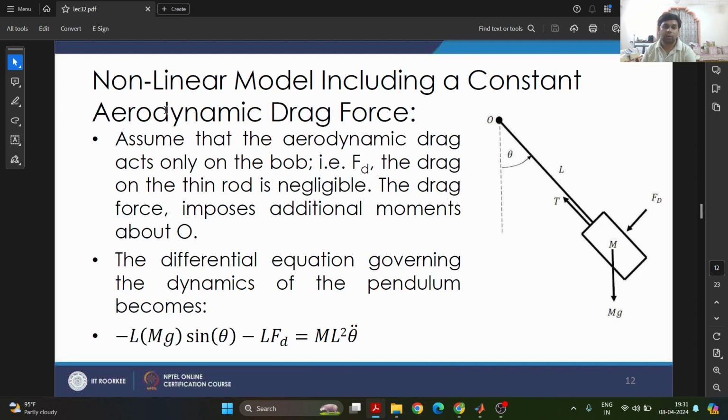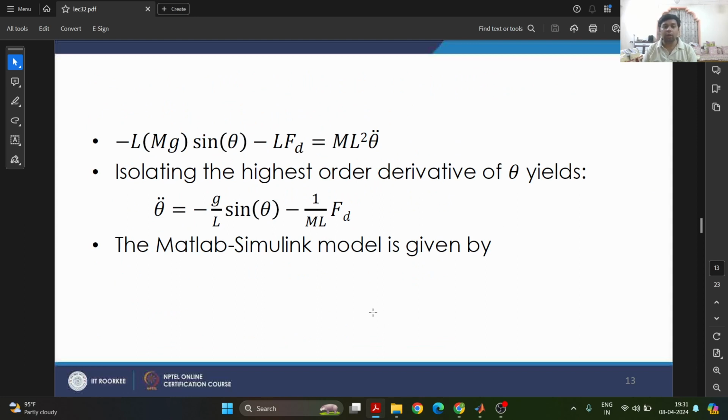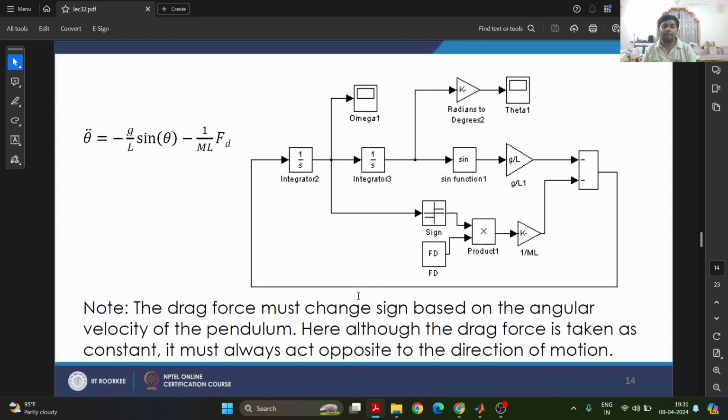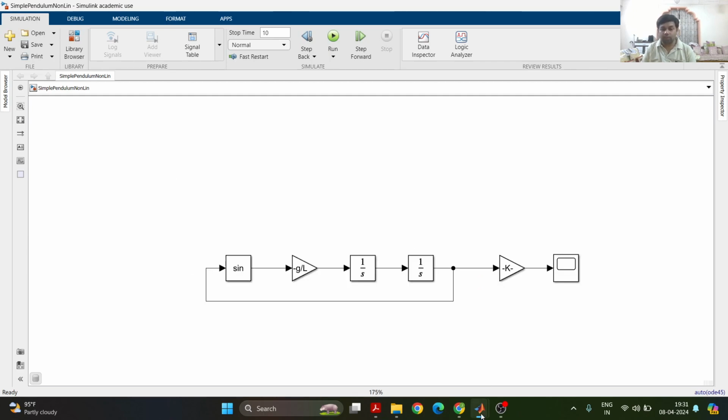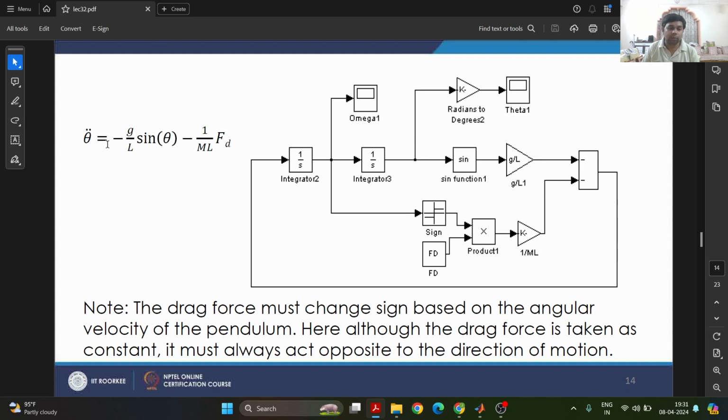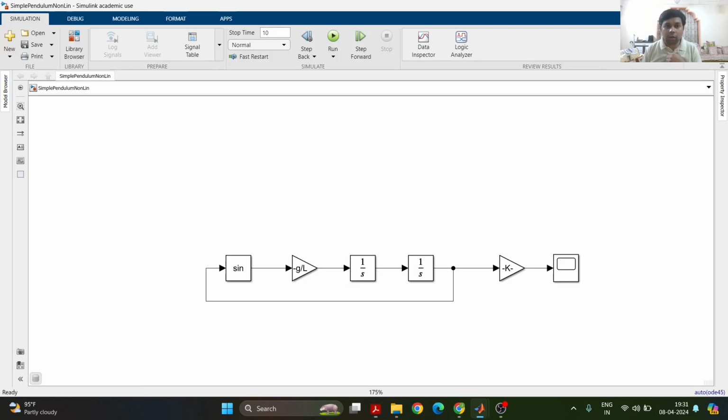Now going further, we can try to add this particular aerodynamic drag concept here. Now what we are doing is basically, our differential equation is theta double dot equals minus g by L sine theta, and this value of the drag force by mL.